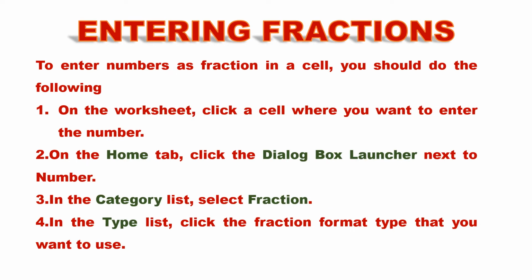A variation of a number is a fraction. A fraction can be entered in an Excel cell following these steps. The first step is you select the cell and then on the Home tab you click the dialog box launcher next to the number.